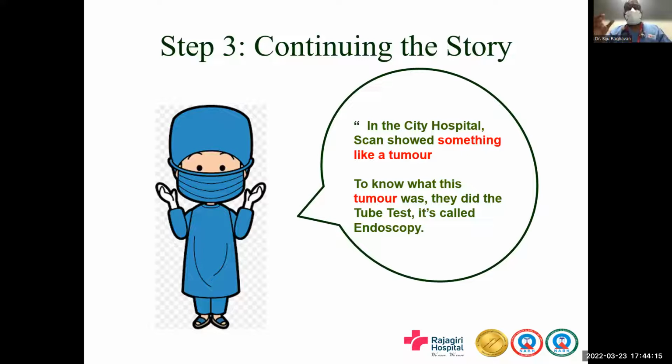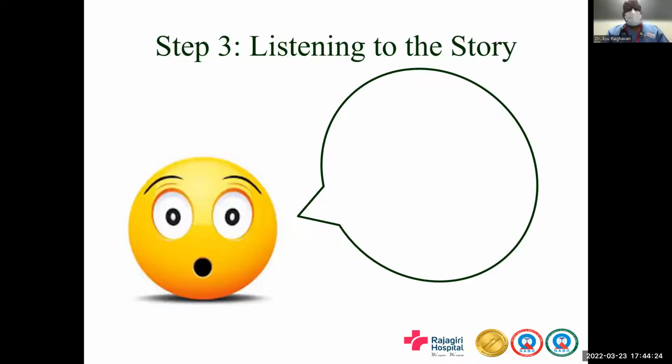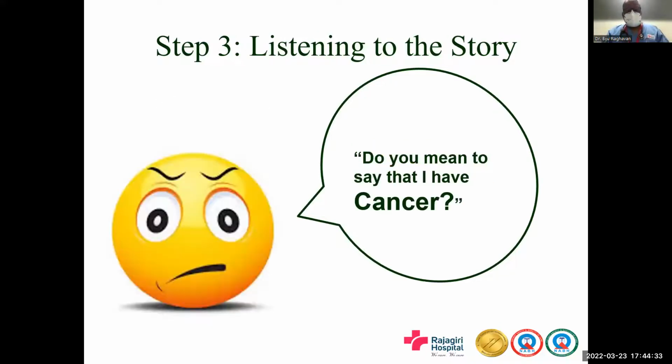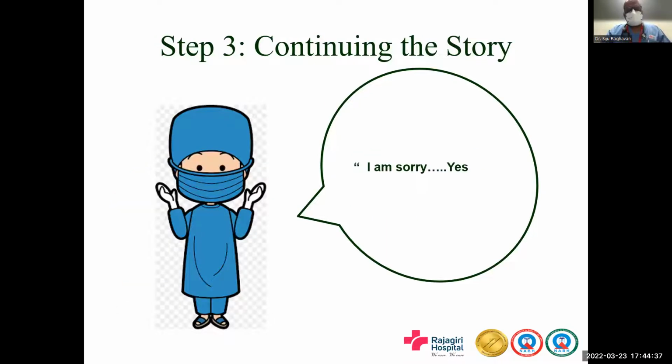And to know what this tumor was, they did that tube test you were talking about. It's called endoscopy. And the tube test was done to see if your tumor was something like a cancer. Do you mean to say that I have cancer? I'm sorry. Yes.